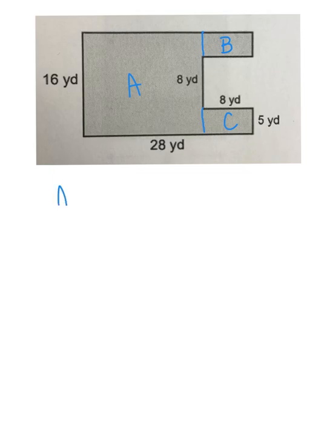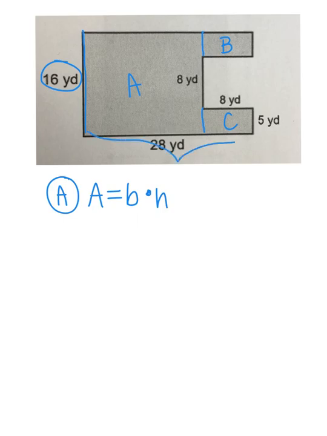Shape A is a square, so we know my area is going to be base times height. Looking at this, our height is going to be 16. And then our base is a little bit tricky. So they tell us the whole bottom here is 28.